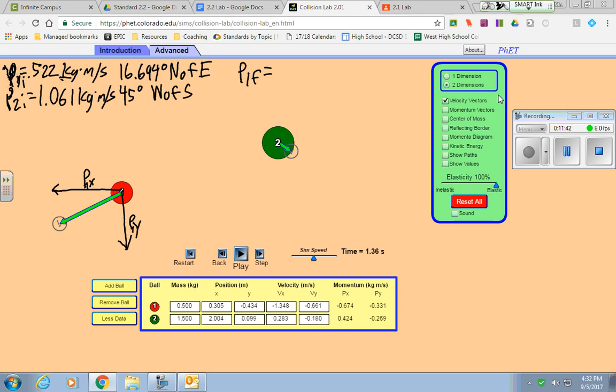So let's make a triangle out of that. We have P1 Y, P1 X, and then we have our P1 final here.